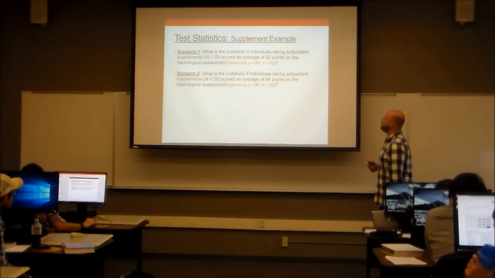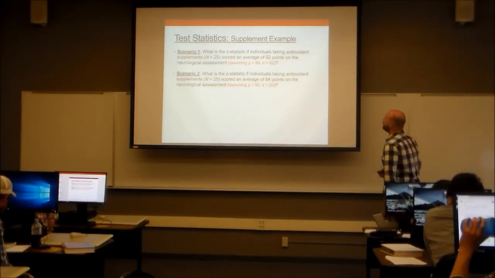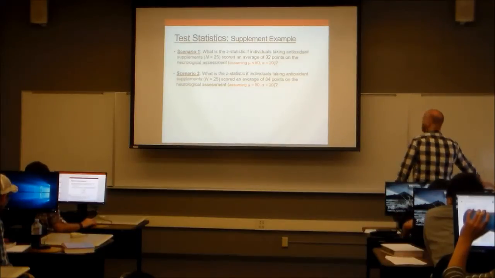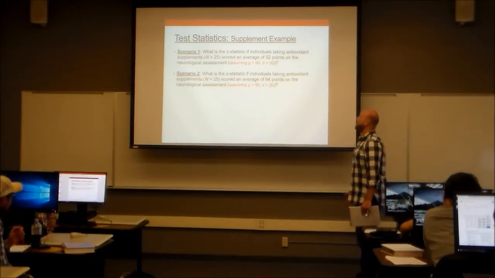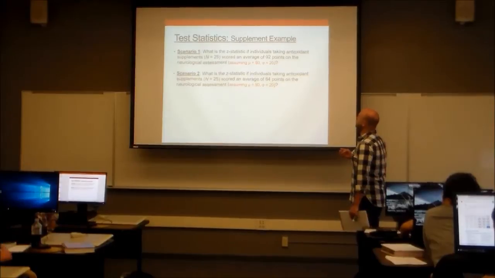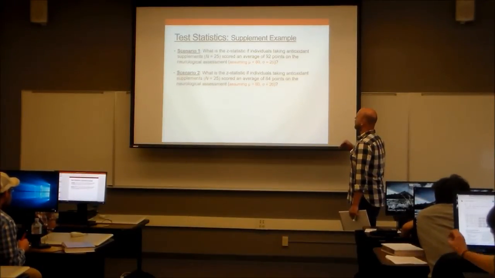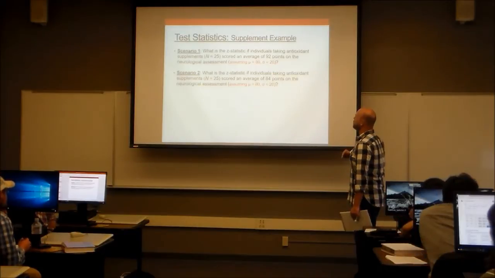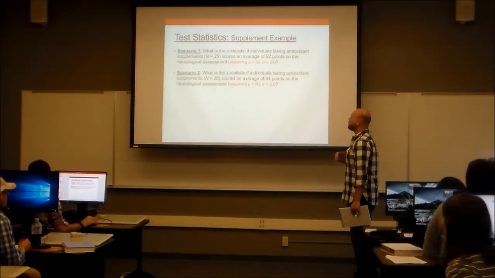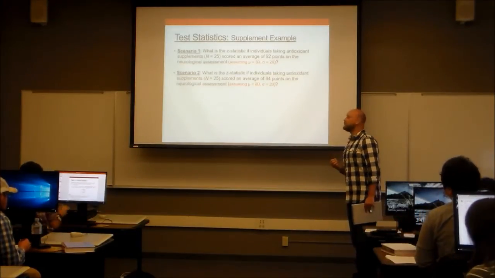So, first scenario, we want to take a look at probability, or run our hypothesis test for individuals. Let's say we got a mean score of 92 from the individuals taking this supplement.